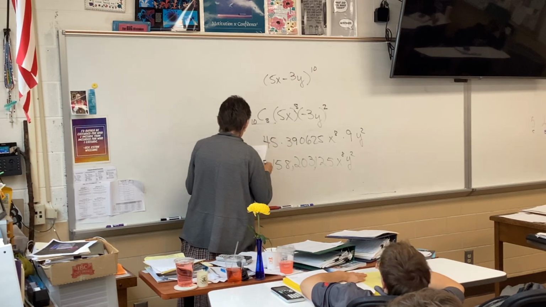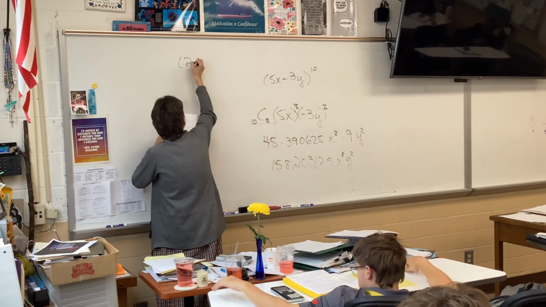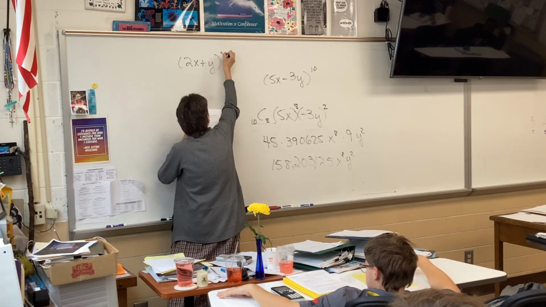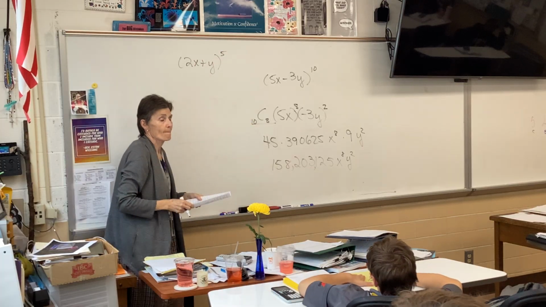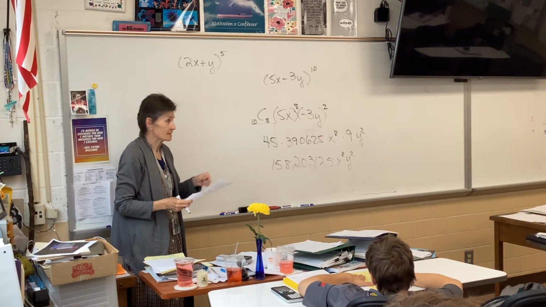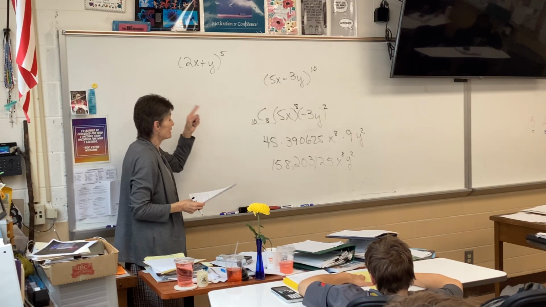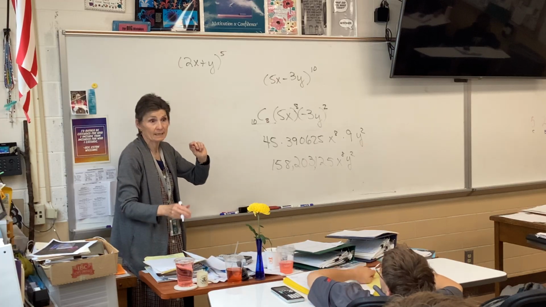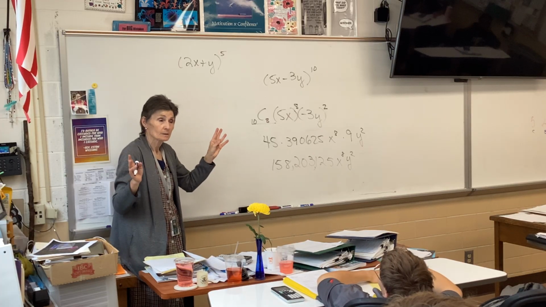All right, so now we have to do (2x + y) to the 5th. This is the same kind of problem, but this time we're not finding one term, we're finding them all.